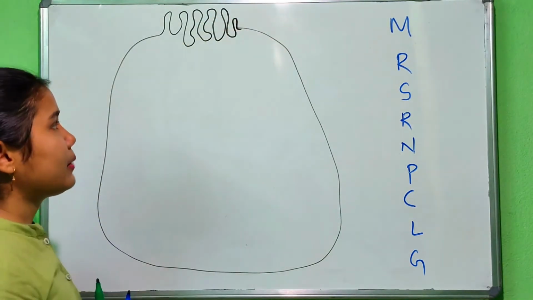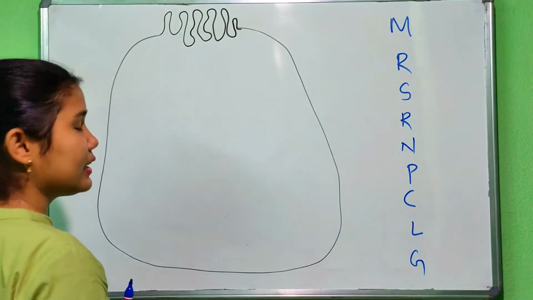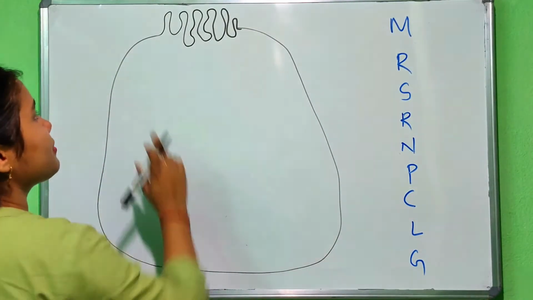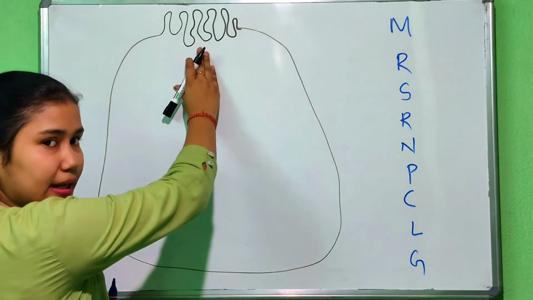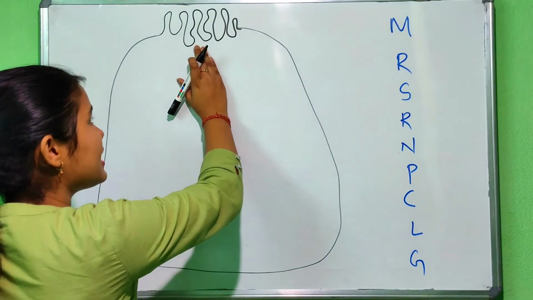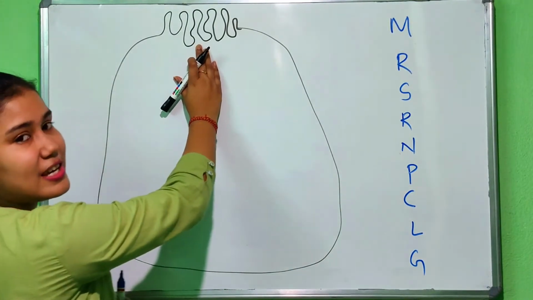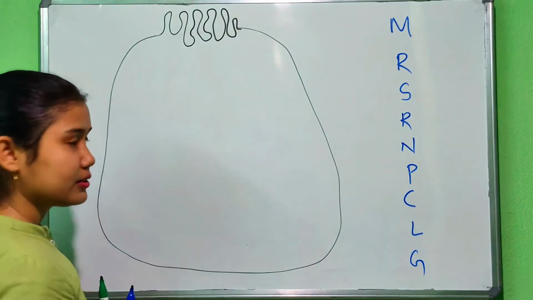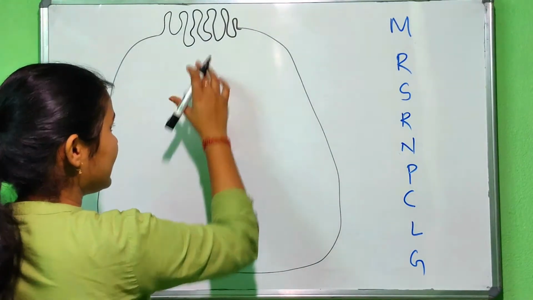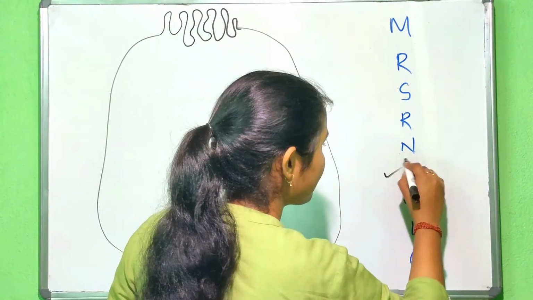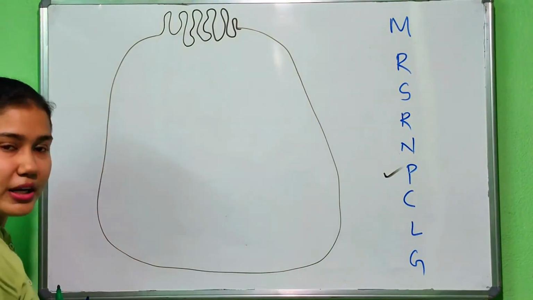And these are the microvillar structures. Okay, clear? So in the plasma membrane there are microvilli, the finger-like projections increasing the surface area for absorption. This structure is complete.